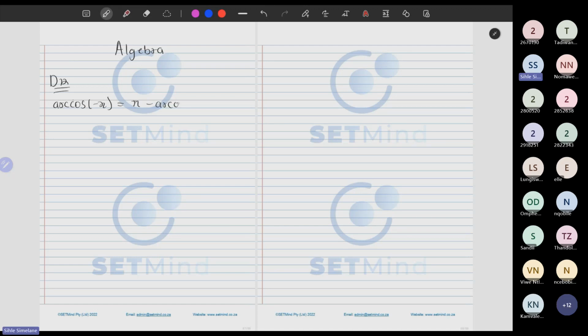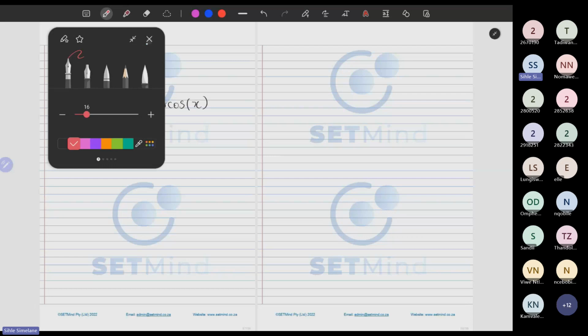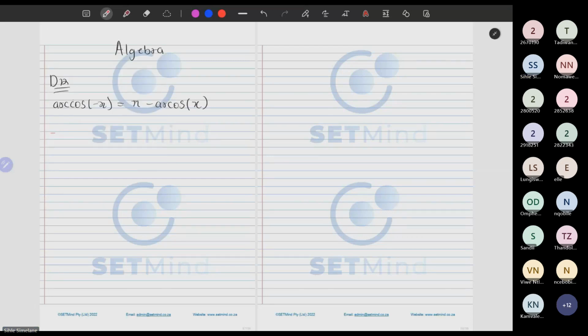So what I'm going to do is eliminate these inverse functions. I can just apply cos on both sides.